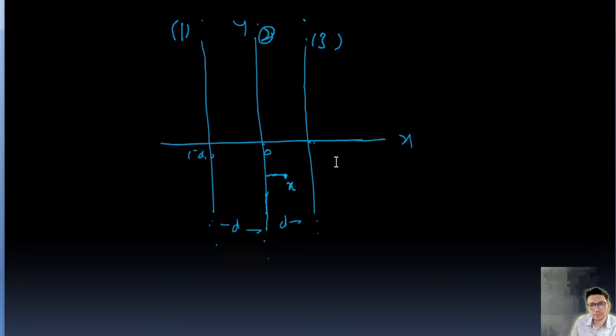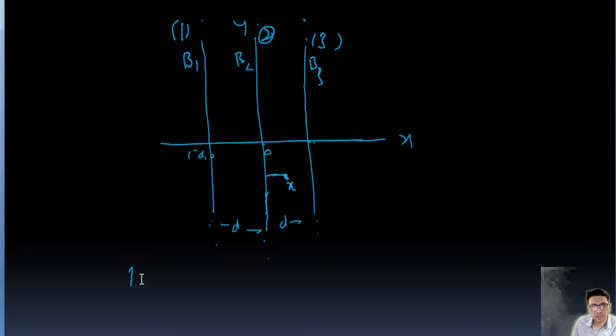Because the magnetic field vanishes, the total effective magnetic field is 0. The magnetic field at this point because of the first wire is b1, for the second b2, and for the third b3.